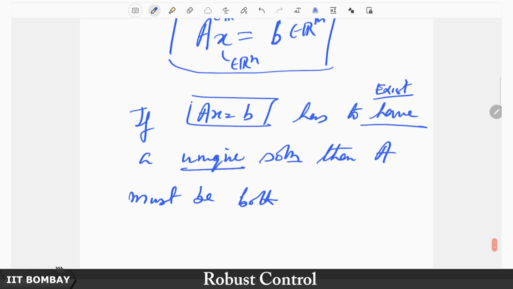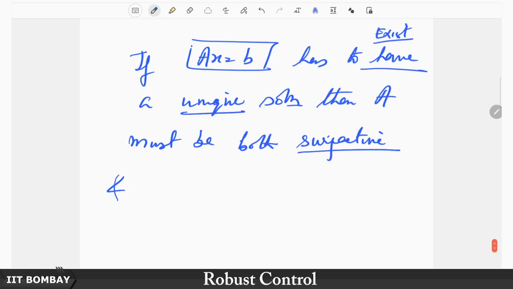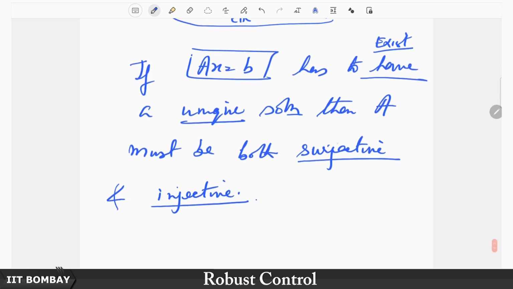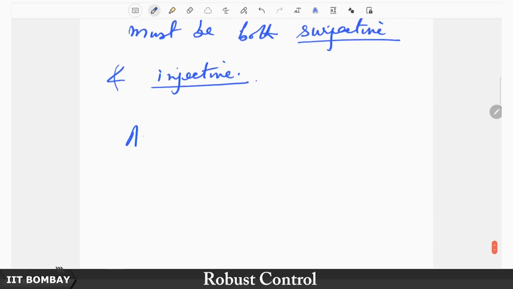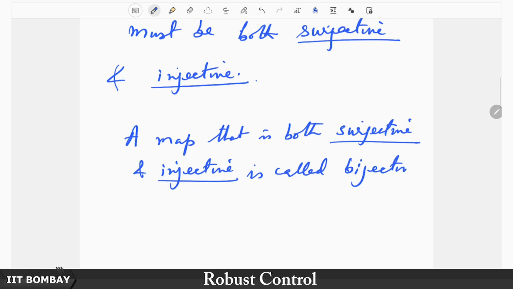For existence you need surjectivity, and for uniqueness you need one-to-oneness, that is, injectivity. A map that is both surjective and injective is called bijective.